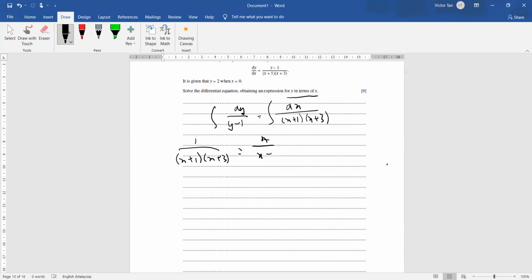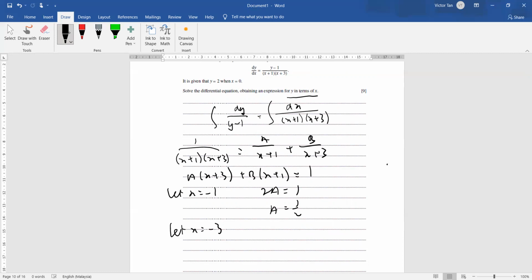A over x plus 1 plus B over x plus 3. So x plus 3, x plus 1 equals 1. Let x equals minus 1, so A equals 1. Let x equals minus 3, minus 2B equals 1, so B equals half.